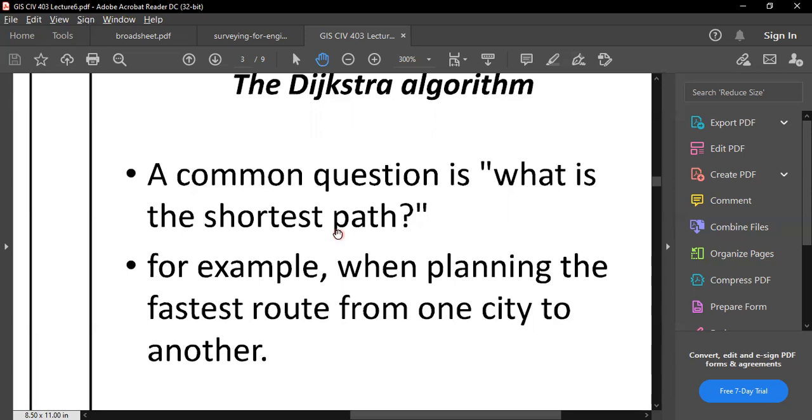It's all right, because he chooses to use whatever route he wants to. Sometimes they follow the map that Uber is recommending, but it may not be the best route to use. So when you are planning the fastest route from one city to the other, you may want to do this.